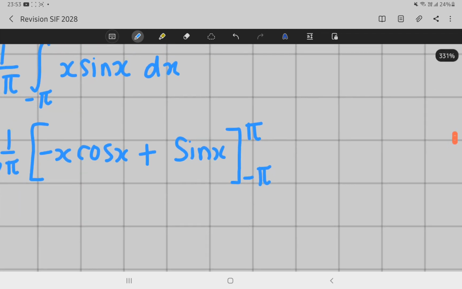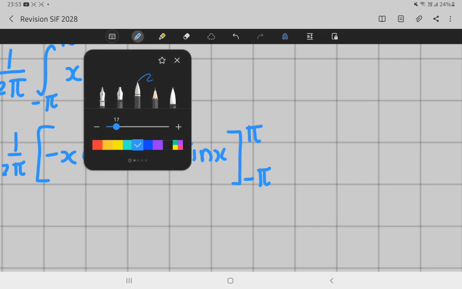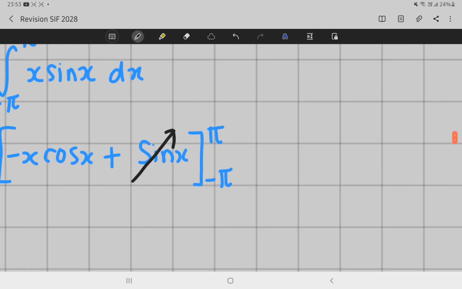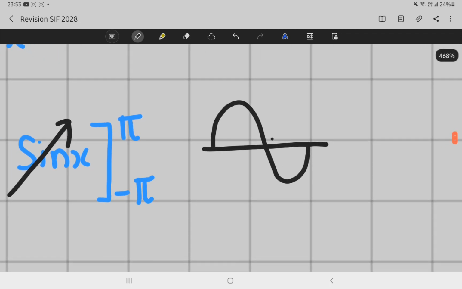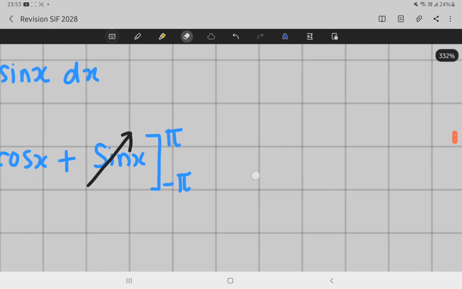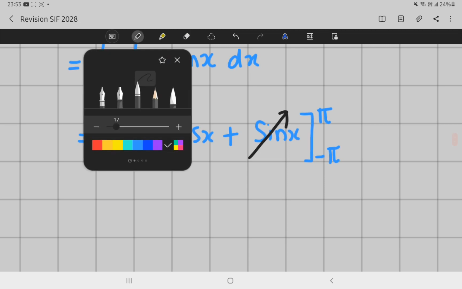So we already see that sine of pi and sine of minus pi are 0. So we don't have to consider that, because if you remember, sine is like this and pi is over there. So sine of pi or minus pi is 0, right? So we just work with the cosine of x over here.